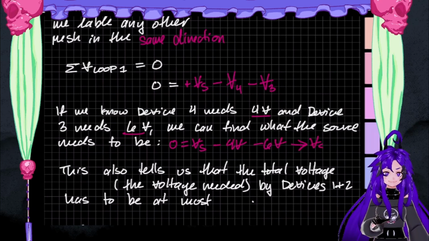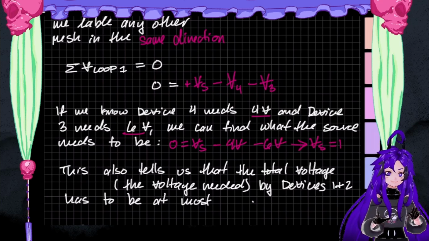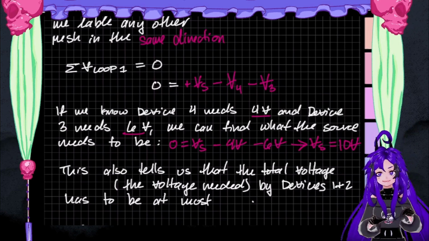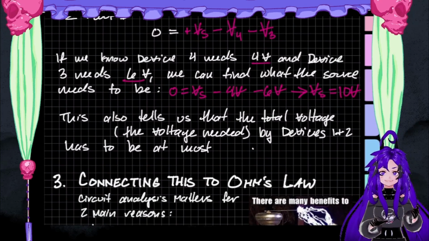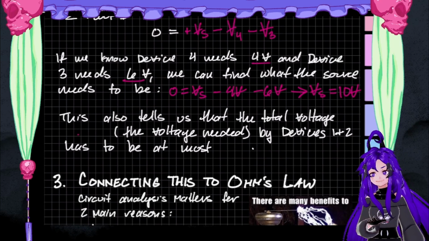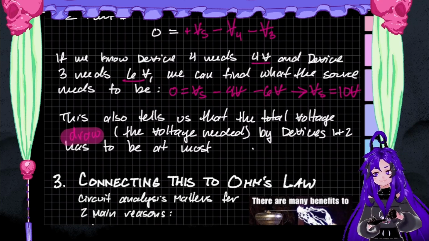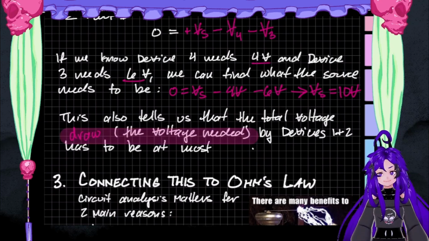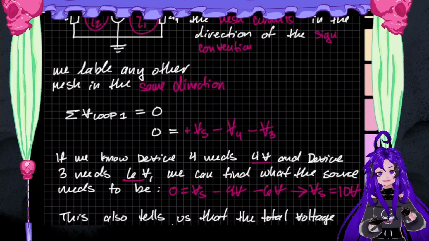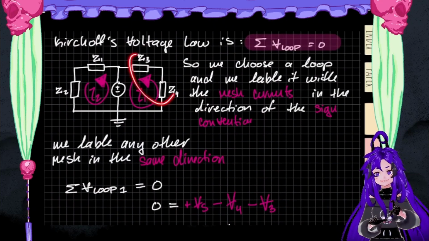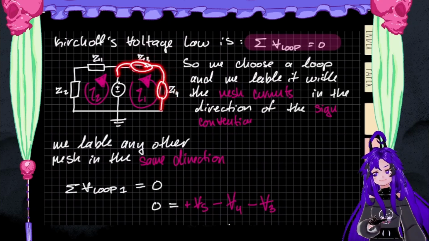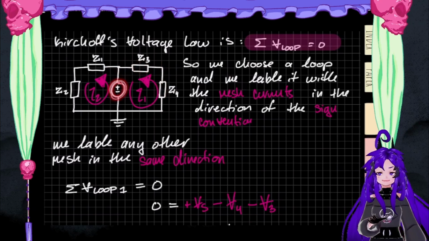So V source needs to be 10 volts, right? This tells us what the total voltage draw should be. So the voltage draw is how much this combination of circuit devices requires from this voltage source.